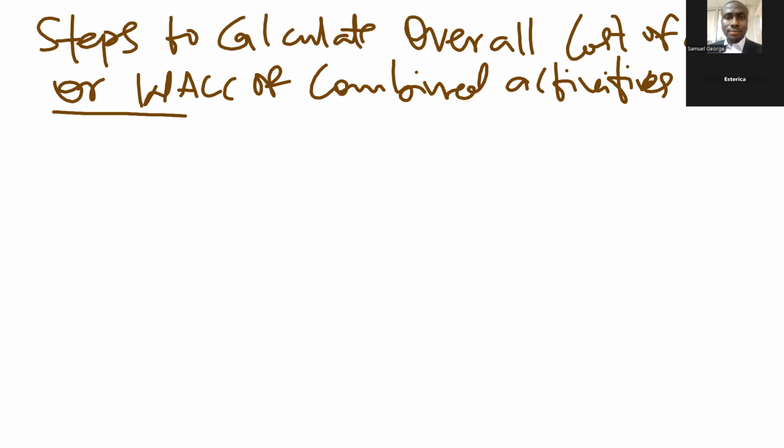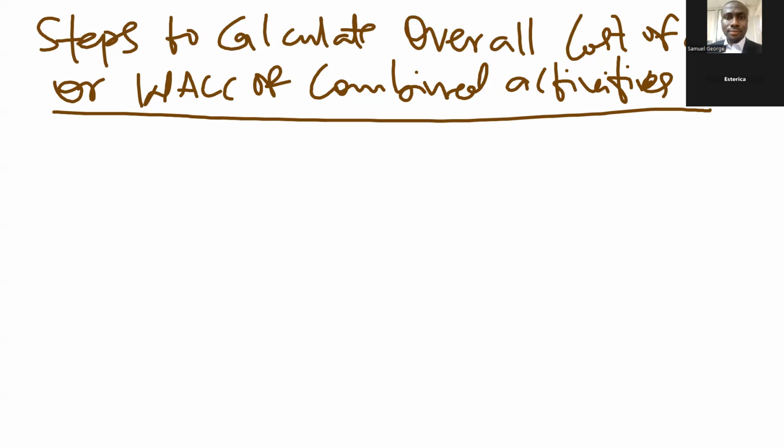When we say overall cost of capital, or cost of capital of combined activities, when we say activity, we are looking at several things a company does. Some companies are called holding companies. They have agri business, production of beverages like water, hospitality business.